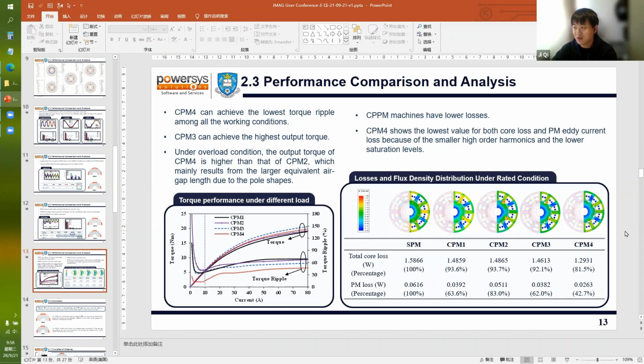But under the heavy load condition, due to the armature reaction, they will have the risk of demagnetization. Especially the consequent pole structure has a larger inductance. That means the armature reaction for the consequent pole machine is larger than for machines like the SPM machine. So I think it's a major concern in the heavy load condition. Yes. Thank you.